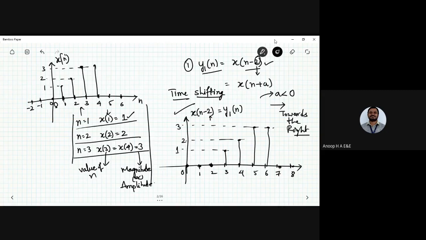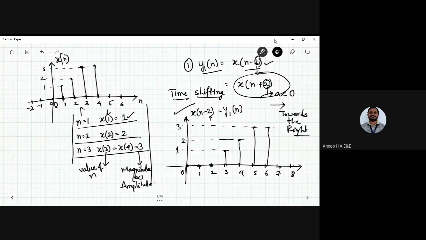or towards the left. Depending on the value a, when a is greater than 0, that is, if I need to write the signal for x of n plus 2, I can translate this signal towards the left. I repeat, when it is plus a. Here it is minus a, so that value is less than 0.